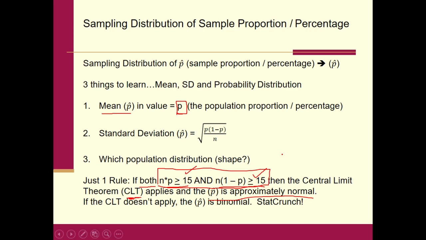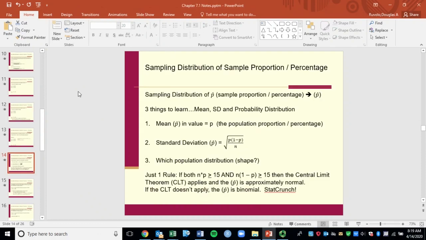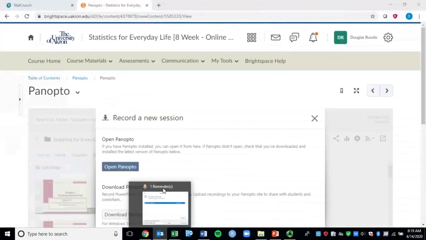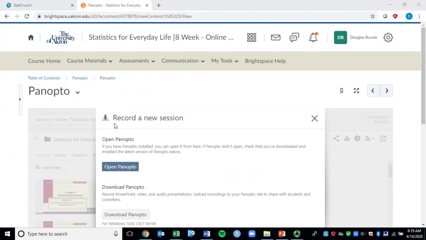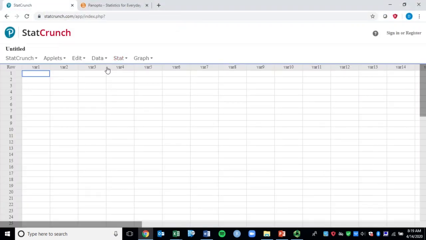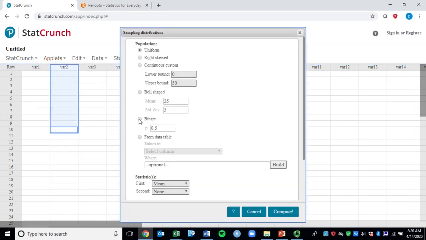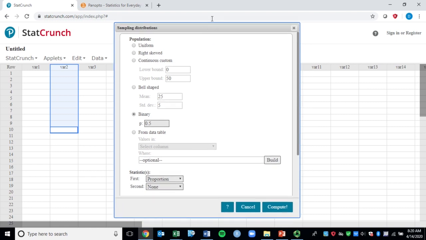Let's go over to StatCrunch, and there we go. So let's run some simulations. Okay, so here we're going to come down to binary, and we get to make up a value for p. Let's say we put in 0.4.